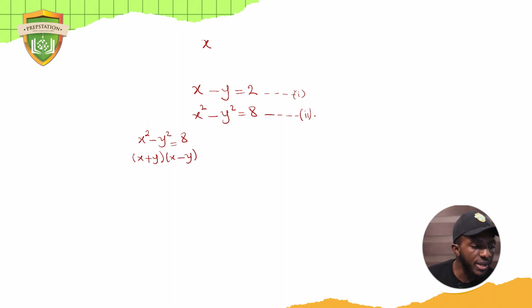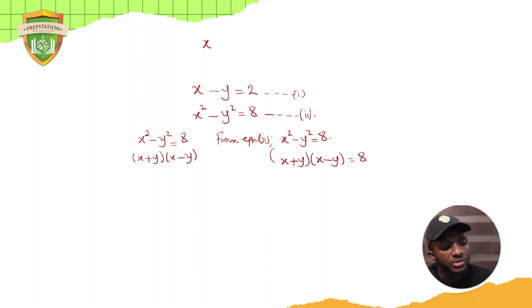If you look at equation 1, it says x minus y equals 2. Now, look at equation 2. From equation 2, we have x squared minus y squared equals 8, and we have expressed that here. So that's x plus y and x minus y equals 8.